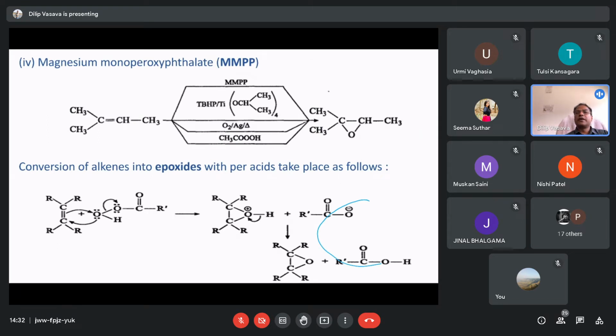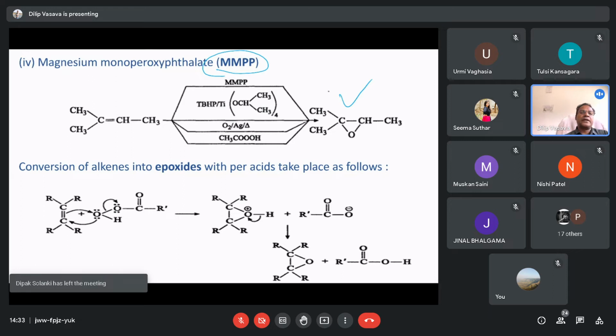The fourth one is magnesium monoperoxyphthalate, MMPP, which is also an oxidizing agent for the formation of the epoxide.